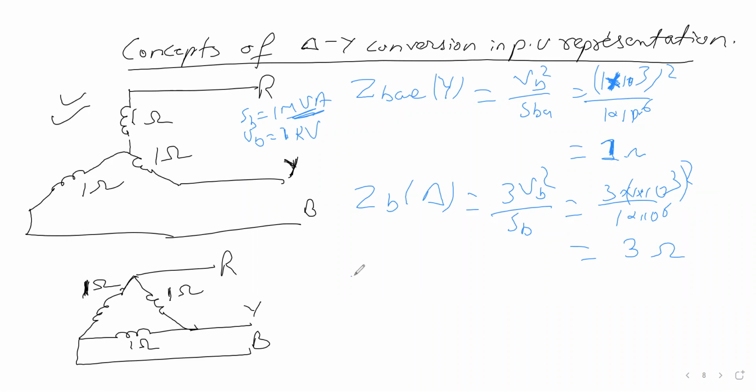Now if we calculate the per unit system, over here we are doing it with delta, so we'll write Z per unit of delta. We know this is 1 by 3. So what value will we get? 0.33. Not ohm, it will be in per unit.